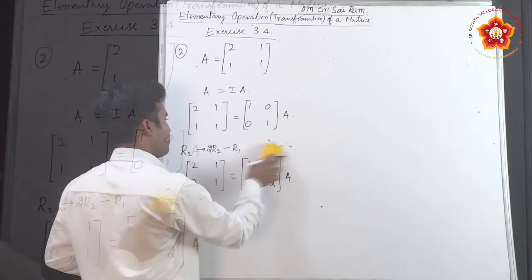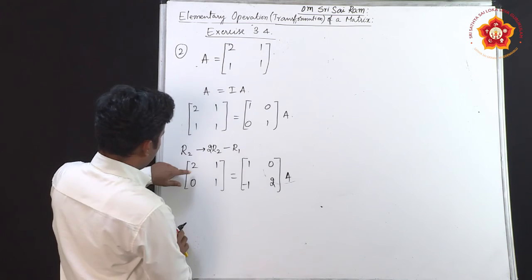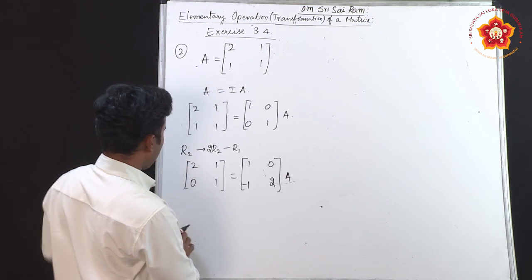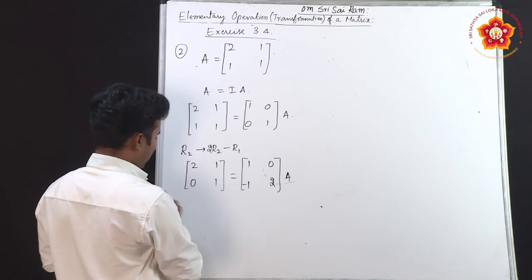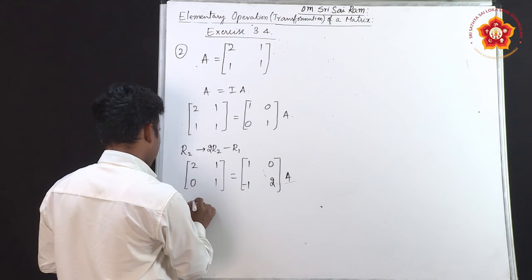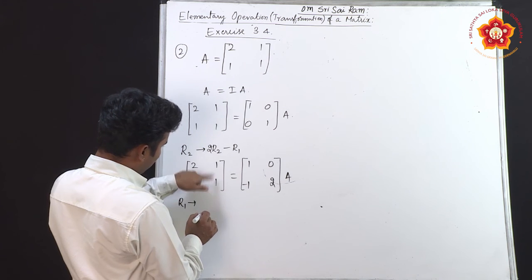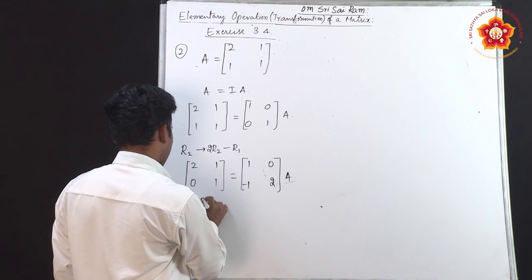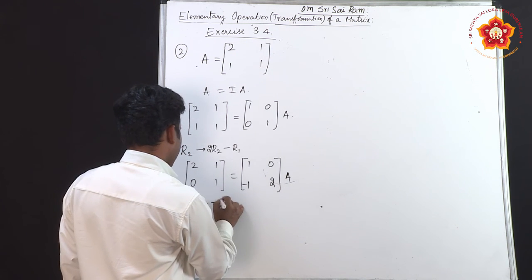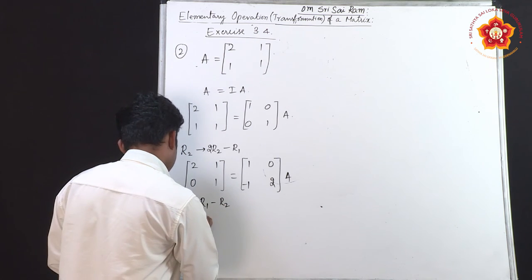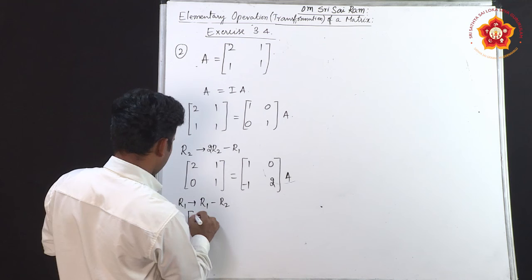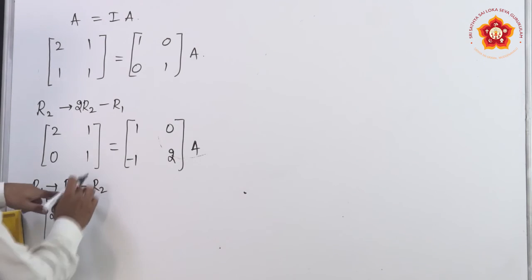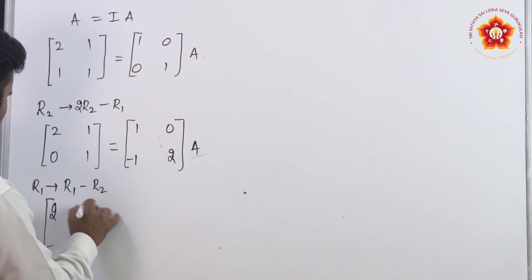Next, I want to make this one 0. For that the corresponding element is also 1, so you just subtract. That is R1 minus R2. Then R1 is here 2 minus 0 is 2, and here 1 minus 1 is 0, and the second row is as it is.